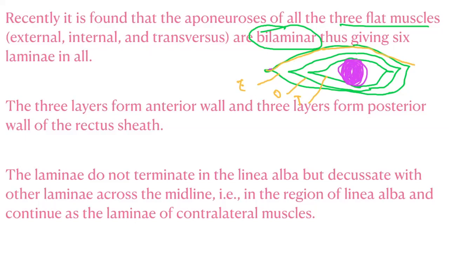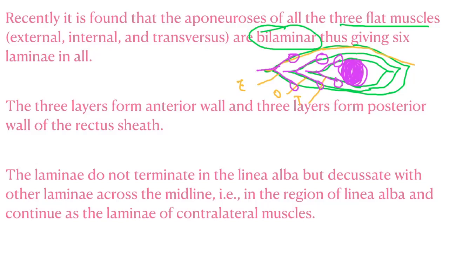So a muscle giving two lamina, anterior and posterior, is called bilaminar. Okay, anterior leaf, posterior leaf. Remember that. We'll come to that later.